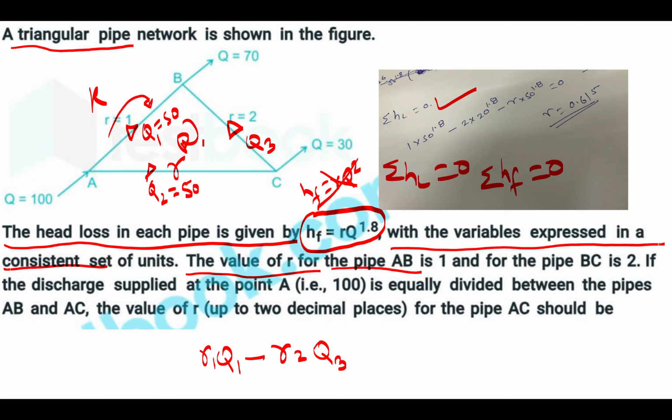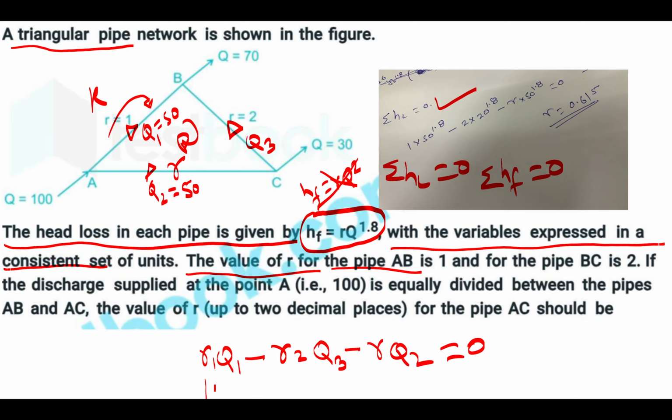Here it is clockwise in this direction, but this is also negative, so minus R into Q2 equal to 0.